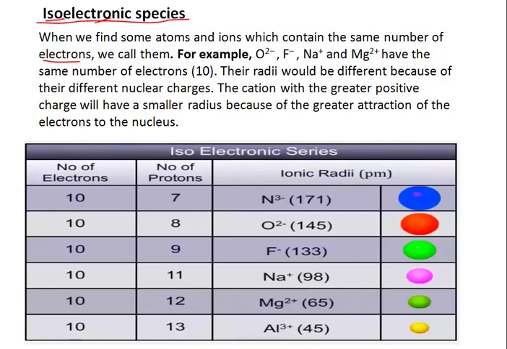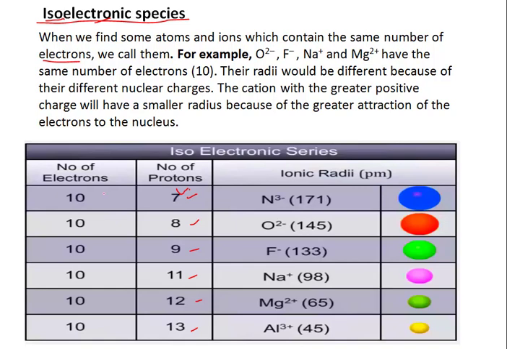For example, in this table, 10 electrons are there, number of protons are 7, 8, 9, and then 11, 12, and 13. These are actually ions given. Species may contain neutral, for example, neon can also be added. But in case of anions and cations, nitrogen has, in ground state, 7 electrons and 7 protons.